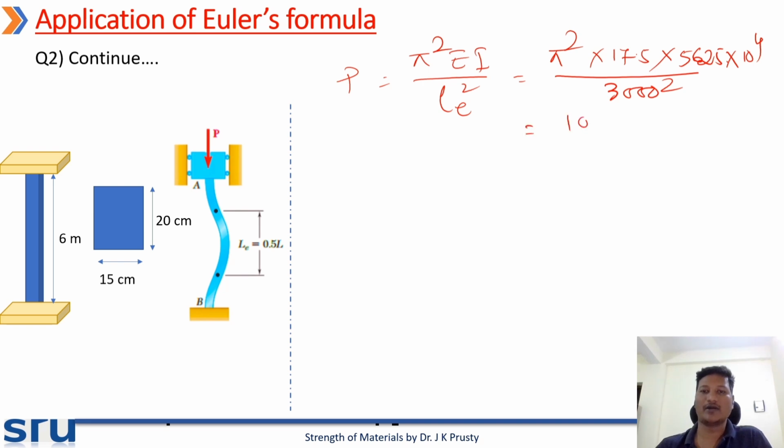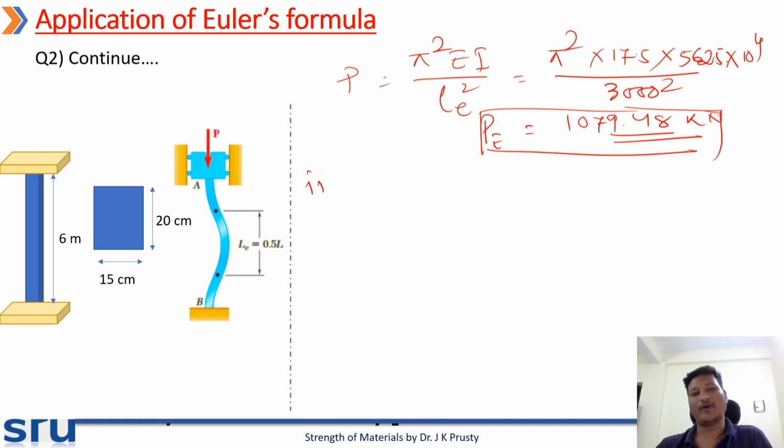The value you are getting is 1079.48 kilonewton. I hope you are getting this value.